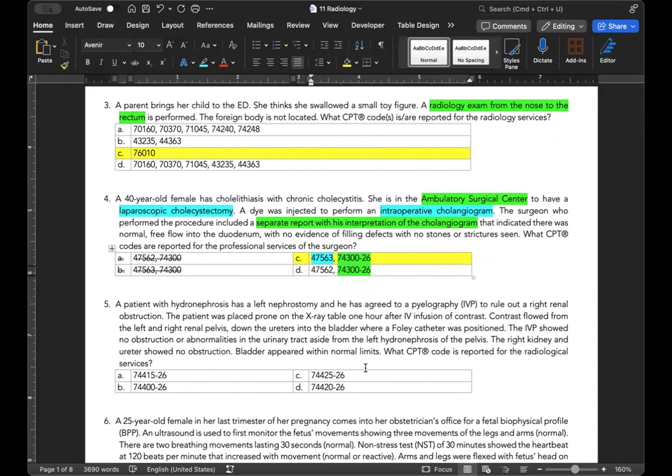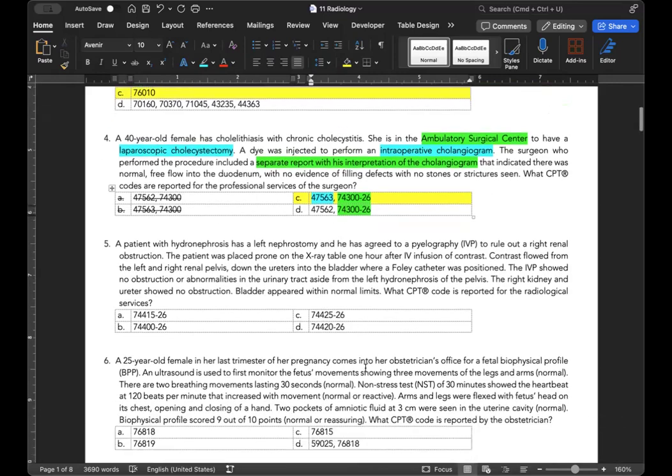So yes, there is a parenthetical note underneath. It says for intraoperative cholangiography, radiological supervision, and interpretation, the 74300, 74301. Yep. Okay. Any questions? Any thoughts on that one?